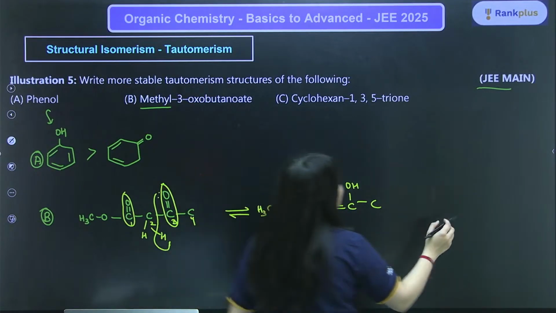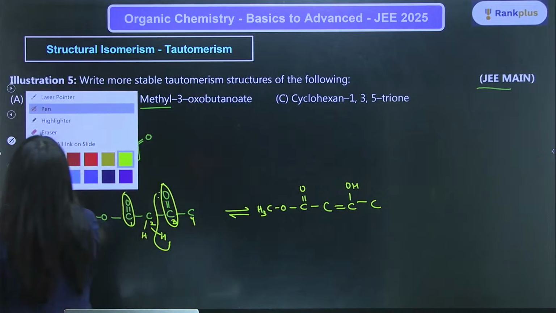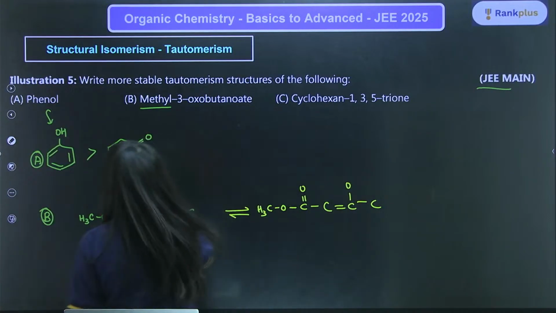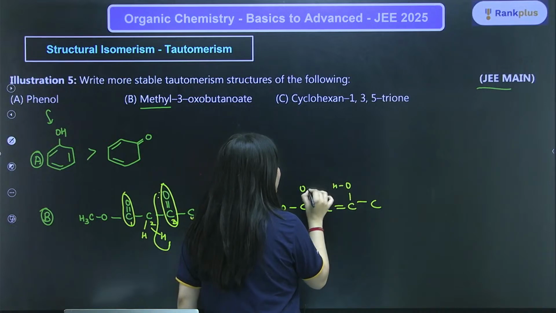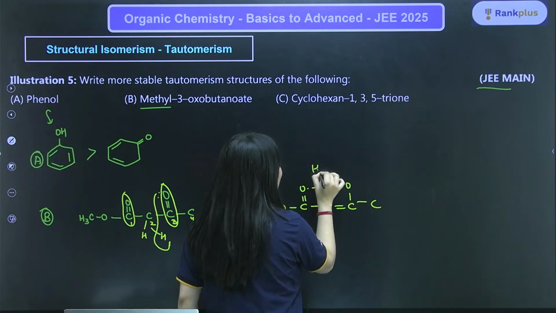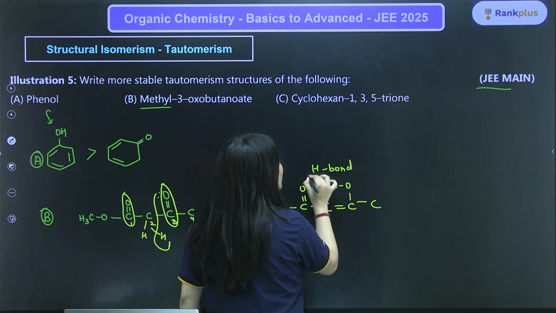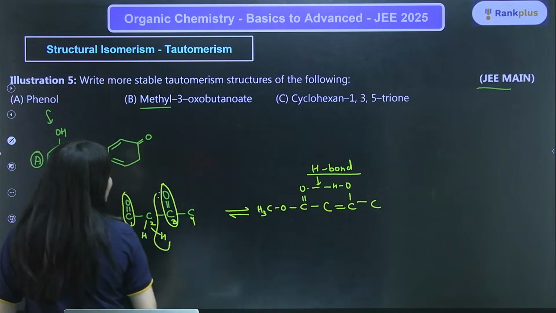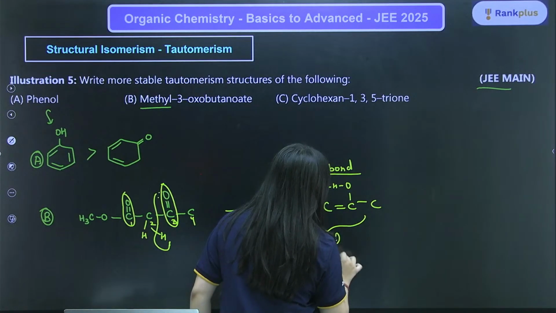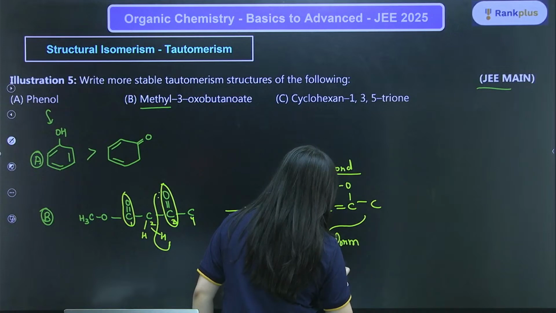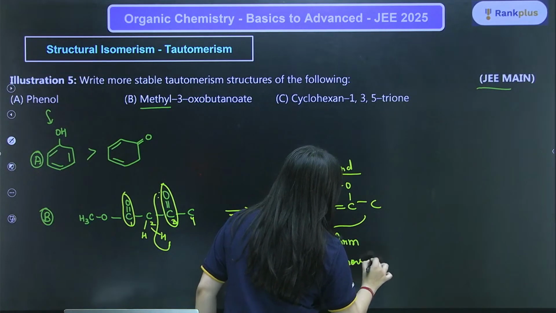Now once again, what will this OH do? This OH will once again form hydrogen bonding, isn't it? So here in the second molecule, hydrogen bonding is forming, so the enol form is more stable.